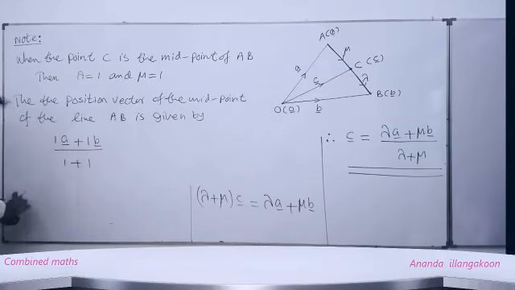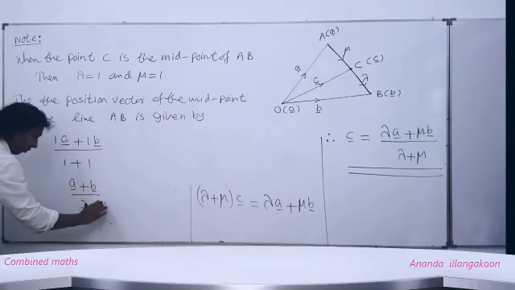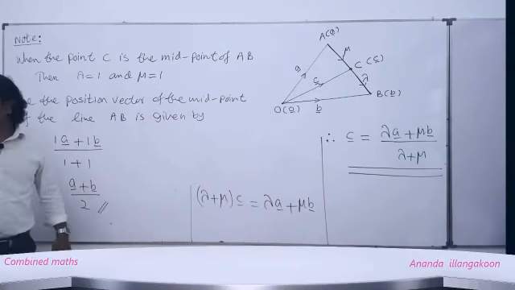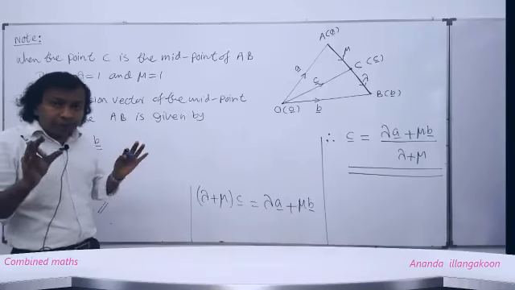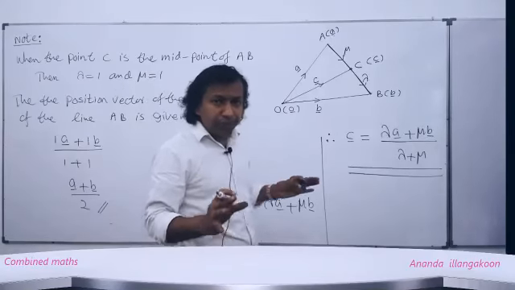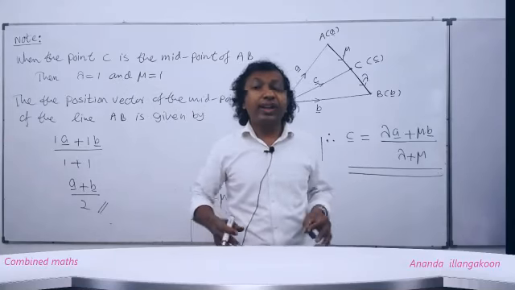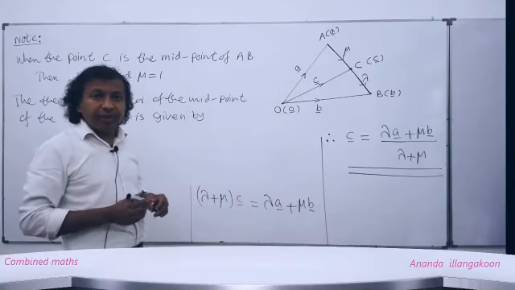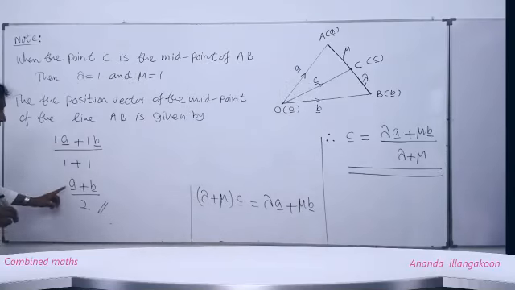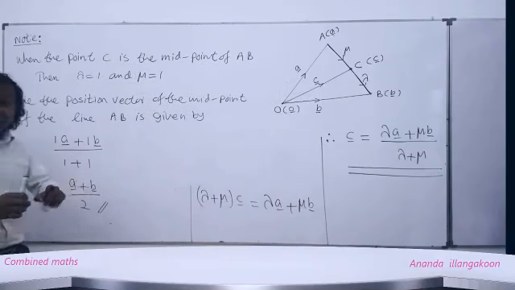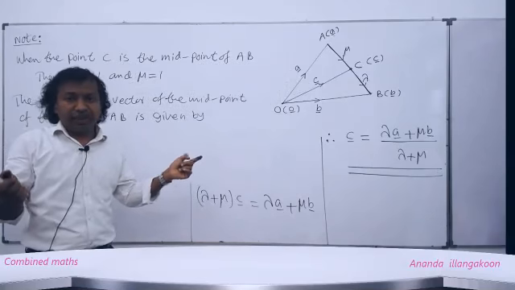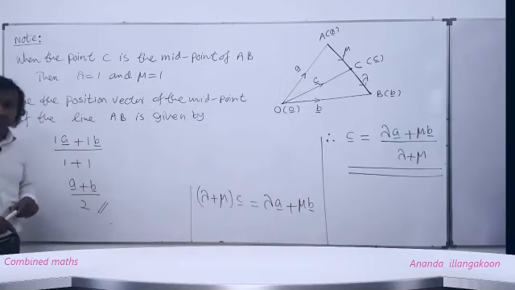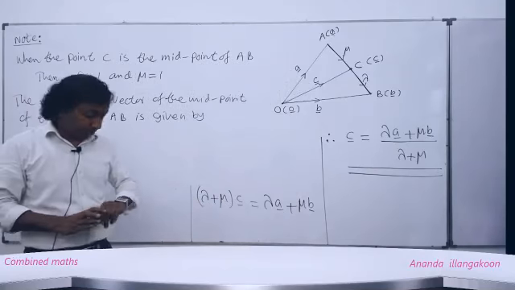What is that? A plus B by 2. So this gives us the position vector of the midpoint of a line. The position vector of the midpoint of a line can be written as the sum of the position vectors of the ends of the line divided by 2. Understand?